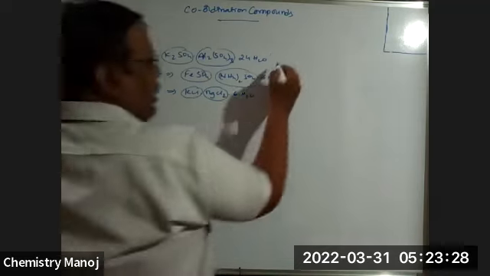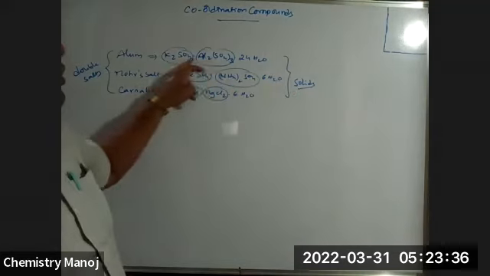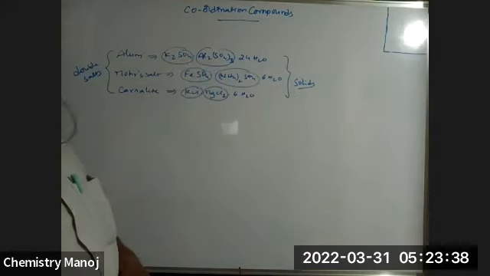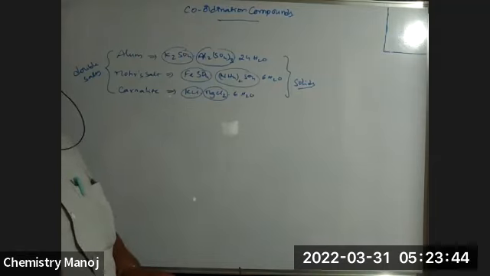No doubt all these are solids, containing two salts along with water molecules. These are hydrated salts. Two salts are there. That's why this is called double salts. In solid state only, all these ions are united.